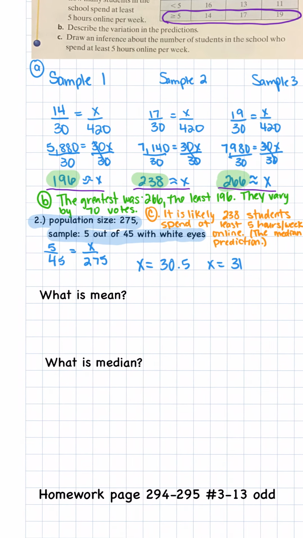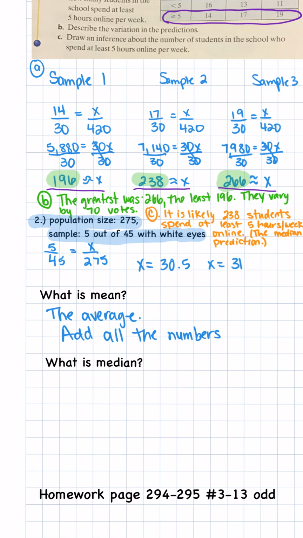So the mean is the average. And to get the mean, add all the numbers together and then divide that by how many numbers you have.